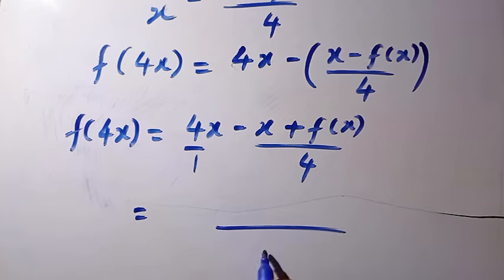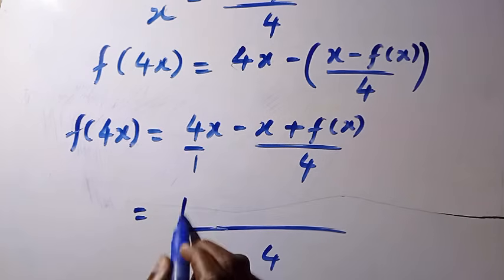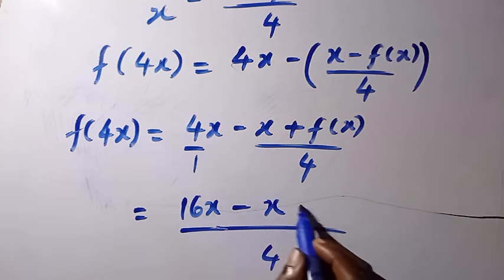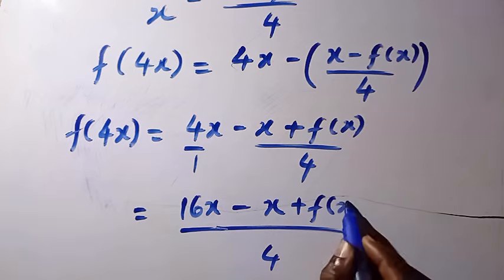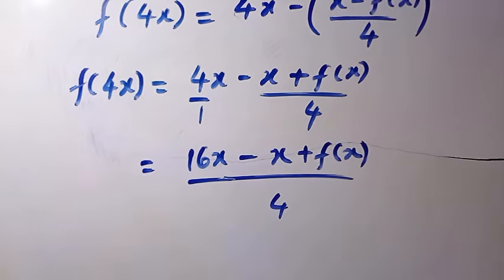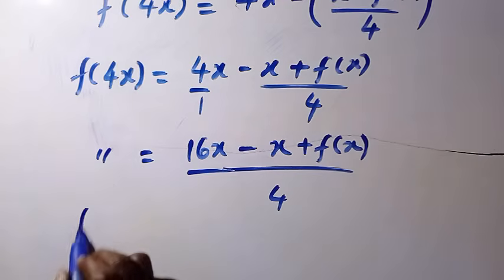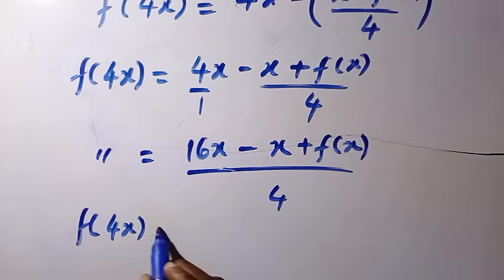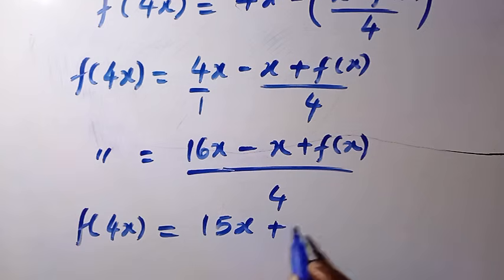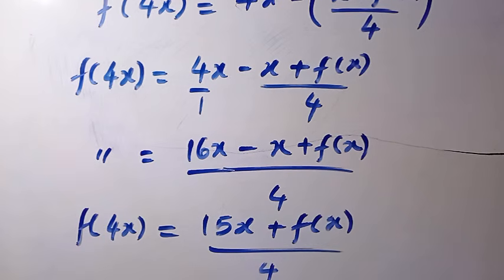So since the LCM here is 4, and 4 times 4x, we have it as 16x, minus the other will be x plus f of x. And again, we have f of 4x equals 16x minus x, that gives us 15x, plus f of x divided by 4.